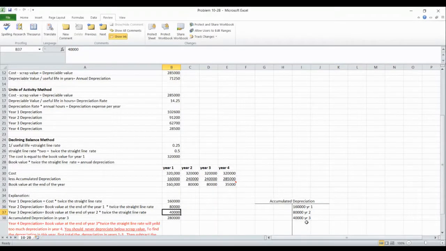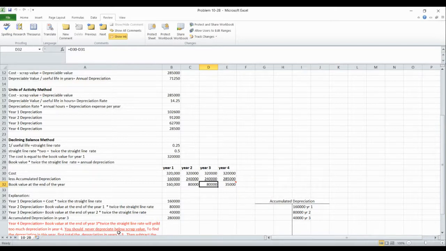The total accumulated depreciation now would be 160,000 plus 80,000 plus 40,000, which would give you a total amount of 280,000 in year three. Then we would subtract that from the cost, which will give you the book value at the end of year three.